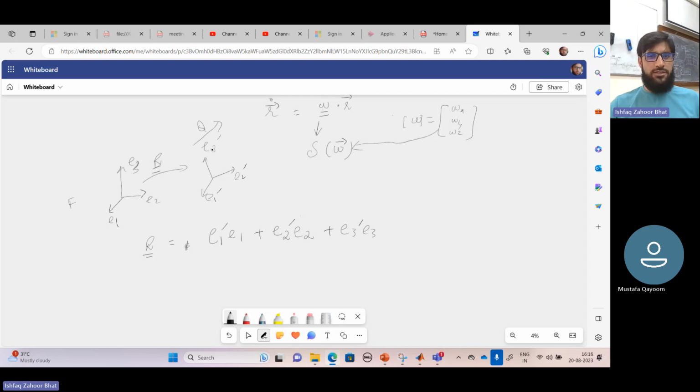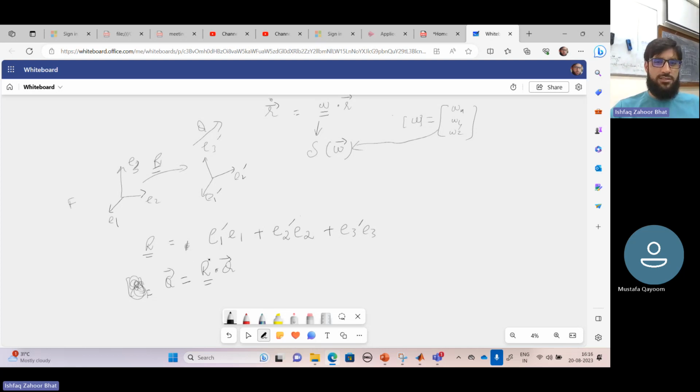If it is attached to this frame and you rotate this frame, this Q will also get rotated with respect to this fixed frame. You want the components of Q in this fixed frame. Or first, you may be interested in what is the vector Q in itself, what is the rotated vector. So forget about the components. The rotated vector will be equal to R dot Q. What is this R?